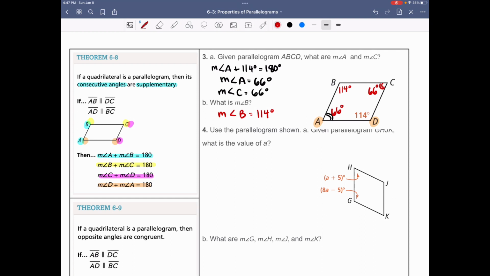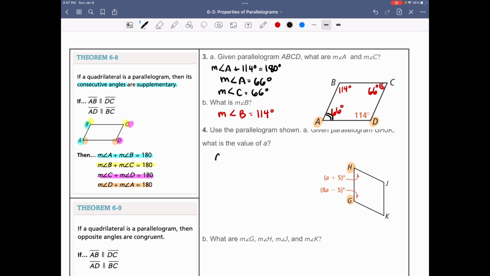Use the parallelogram shown. Given parallelogram GHJK, what is the value of A? All right. Using our theorem, we can say that H and G are supplementary angles, which means they must add to 180 degrees.